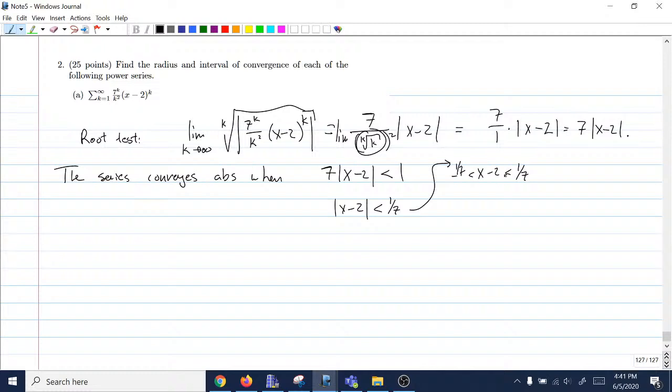Let's add 2 to all three sides. 2 and a 7th is 15/7. 2 minus a 7th is 13/7. There's most of our interval of convergence. Our radius of convergence is, I want to imagine this is a peg tied down at 2, which reaches out by a 7th on either side. So the radius of convergence is 1/7.